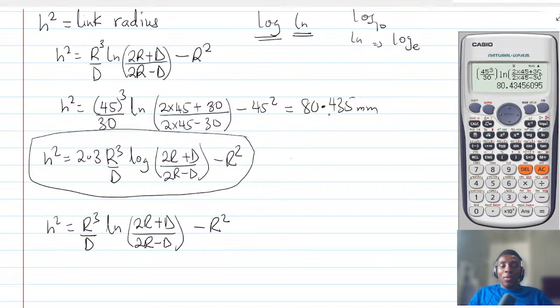Okay, now the answer can either be 70. Let me do that one too. So if you use the 2.3 here, you rather come here and use log, okay? And that will give you 78.07.